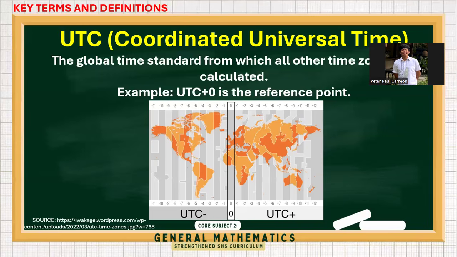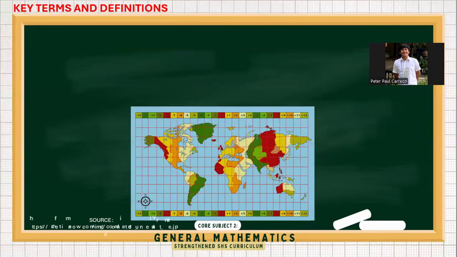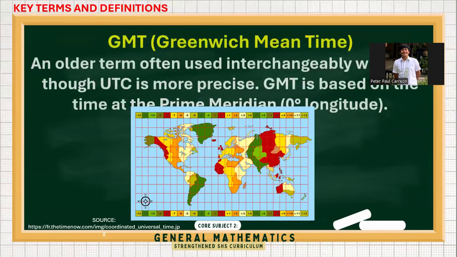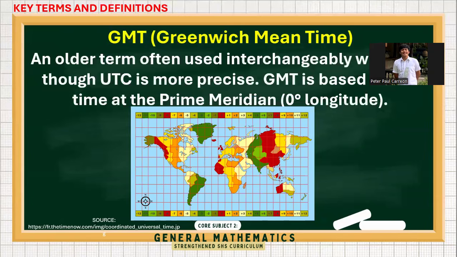Actually, there is an older system that we have been using. We call it the Greenwich Mean Time. It's an older term often used interchangeably with UTC.